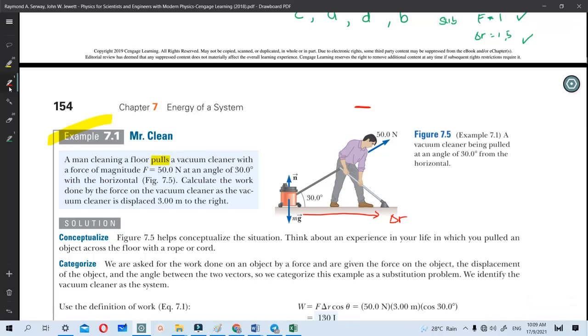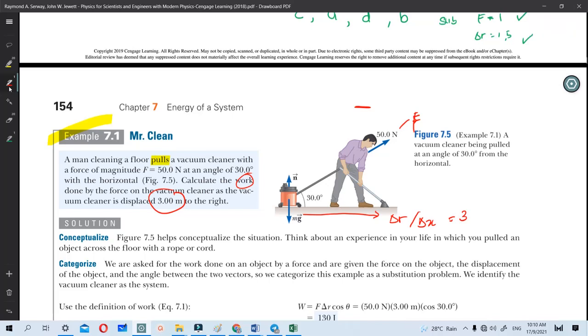R occurred in the same direction as delta X. And therefore, if the question is asking us the work done by the force on the vacuum cleaner, so the work done by the man on the vacuum cleaner, it would sound something like this. This is the force F, and this is the displacement, which they just mentioned is to the right, positive to the right, and a 3 meter distance.